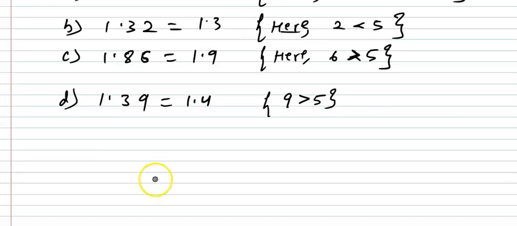Now look over here. If the digit falls on 5 exactly, in that situation what will we do? This is the 5. If I write 1.351, and we have to round off up to two significant digits, look at the 5. The number is not greater than 5 and not less than 5.